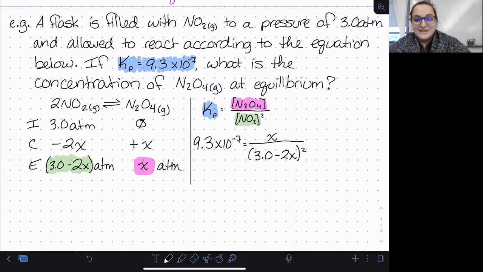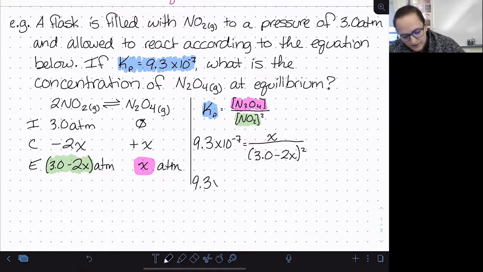Now, once again, we need to solve the quadratic equation. And just the way the numbers are arranged in this one makes it a little bit more complicated. How you get there is personal preference. Personally, the first thing I would do is expand the squared term on the bottom.